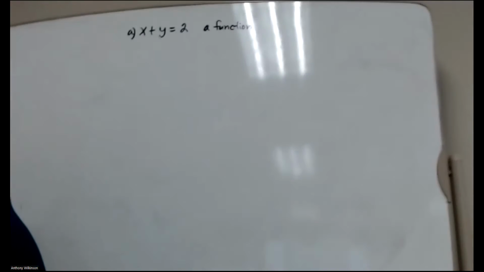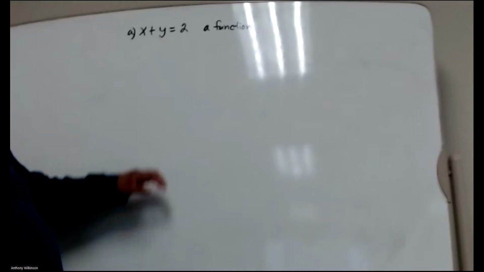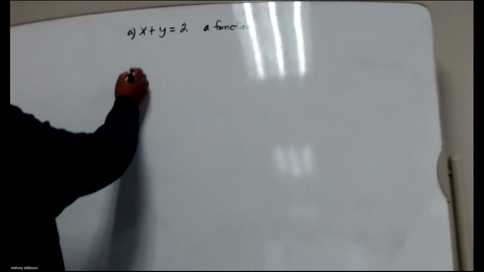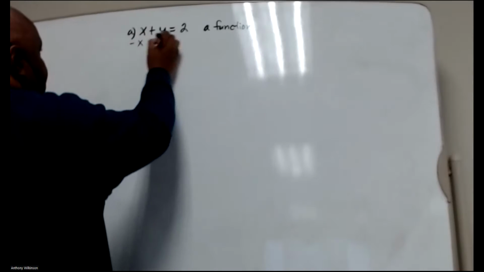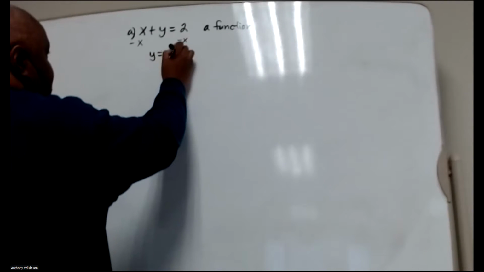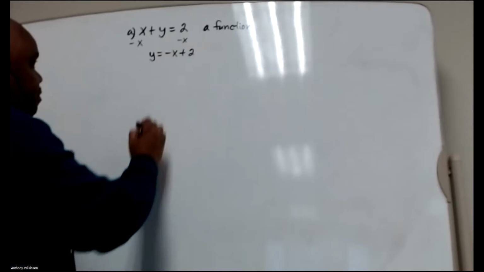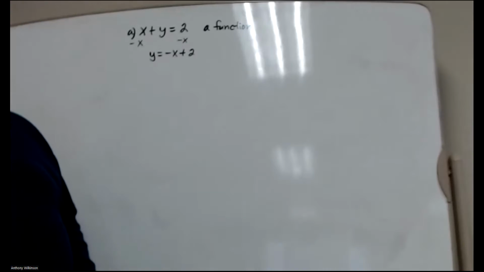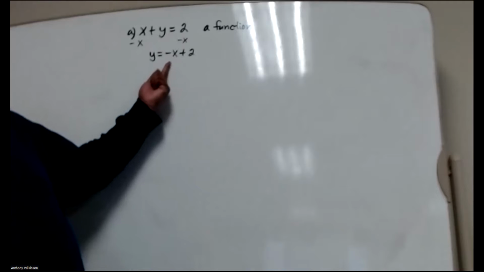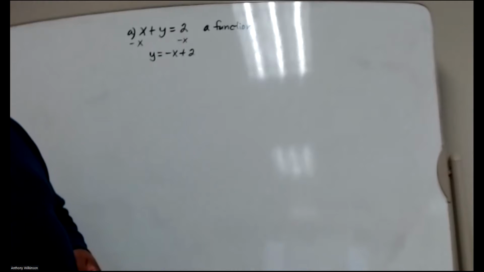Okay. And also, something else. If I was to solve this equation for y, that means if I subtract x on both sides, I'm going to have y is equal to negative x plus 2. For this equation, I will only have one x going to only one y.